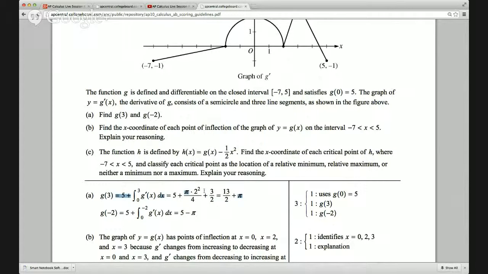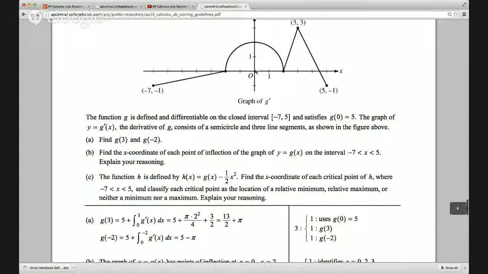And then for g of negative 2, we're going to do much the same thing. We're going to go from 0 to negative 2. We once again have that quarter circle. This cancels out to just pi. And you may be saying, well, why is it negative pi? That's above the x-axis. It shouldn't be negative.